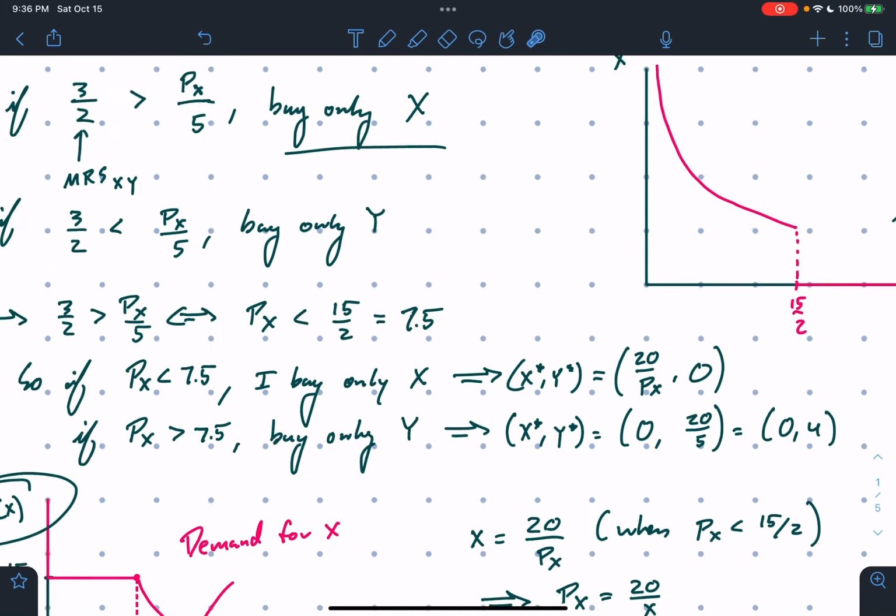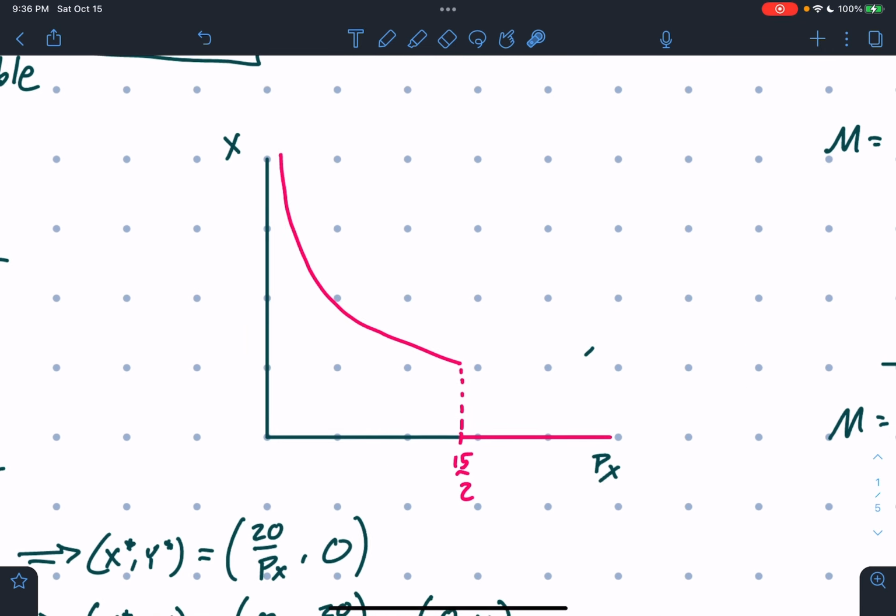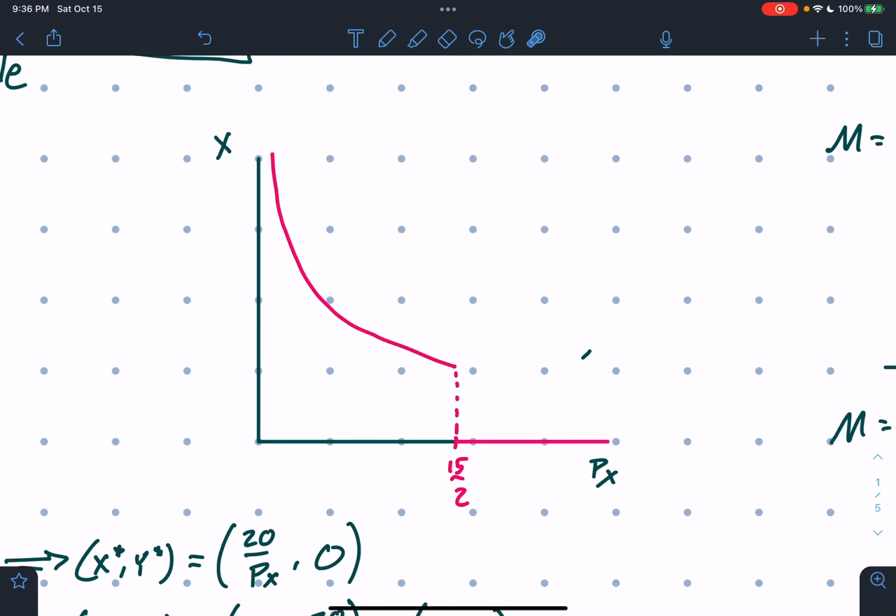Okay, so what I do first is I basically plot this, treating px as the independent variable and the demand for x as the dependent variable.